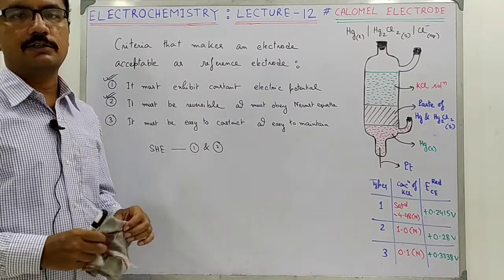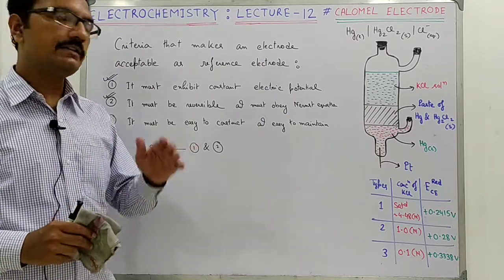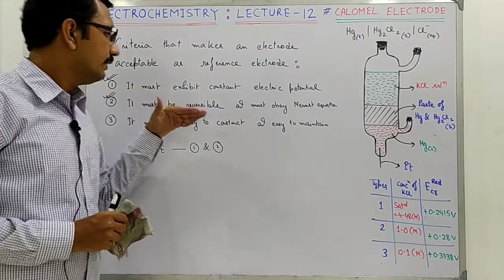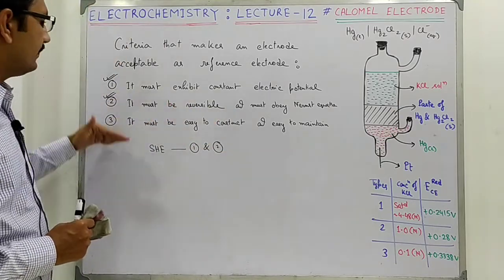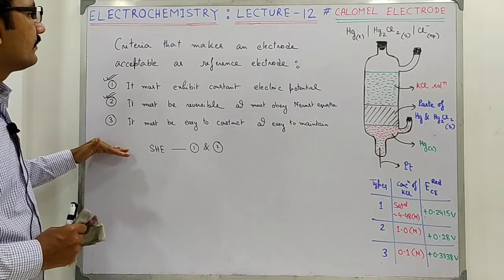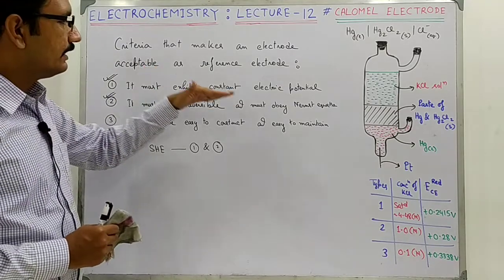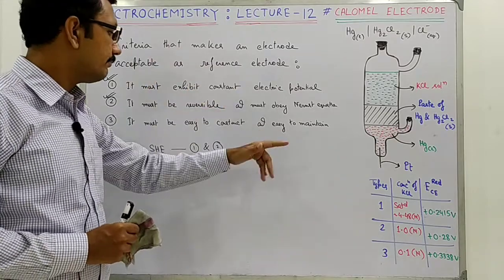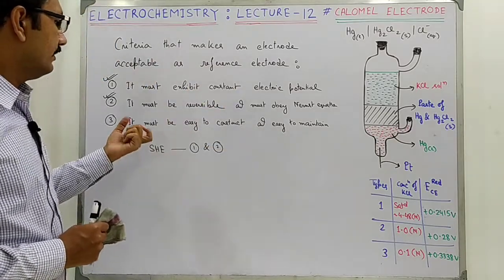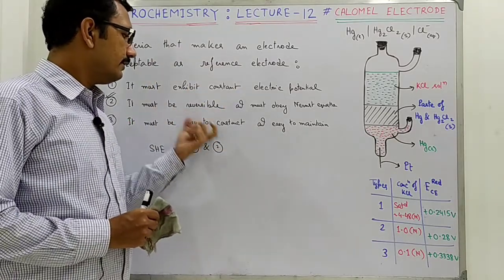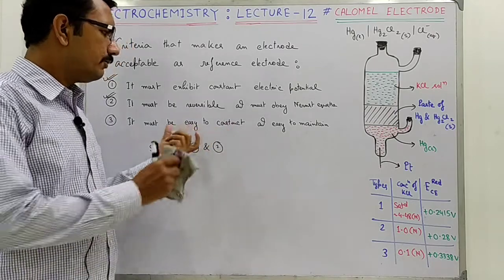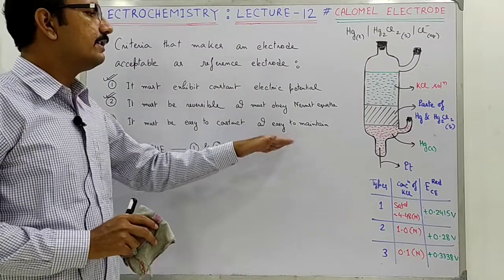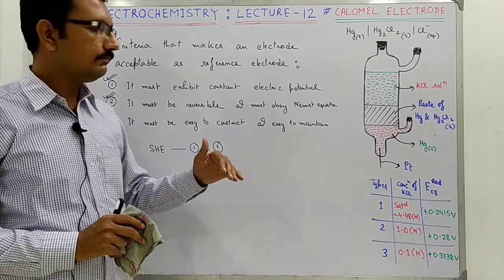So, that is why a need for a secondary reference electrode came into the picture. We need a secondary reference electrode which will obey all the 3 points, that is, it will exhibit constant electric potential, it will be reversible and obey the Nernst equation, and it will be easy to construct. If it is not easy to construct, no problem, we will construct it, but maintenance must be easier.